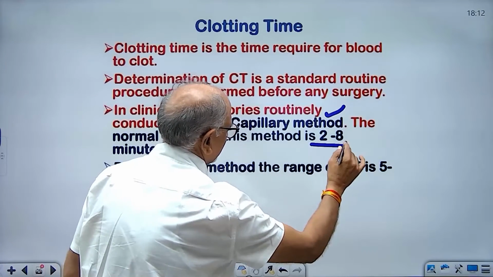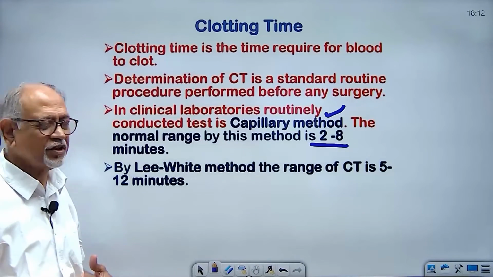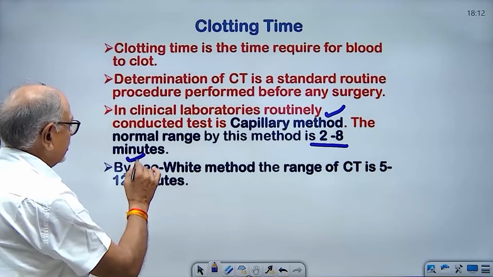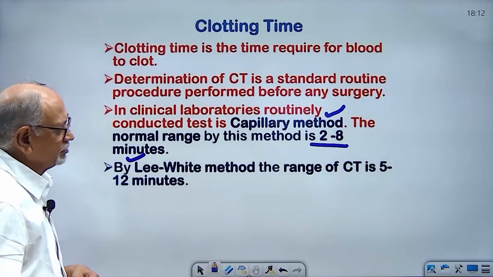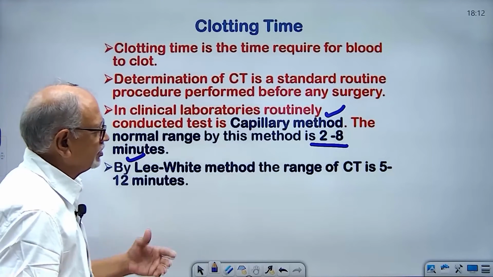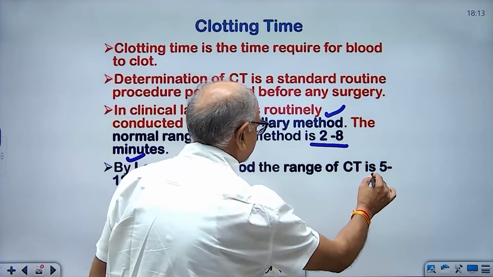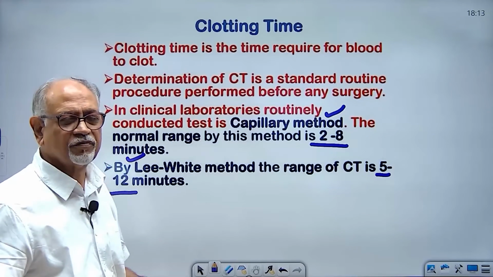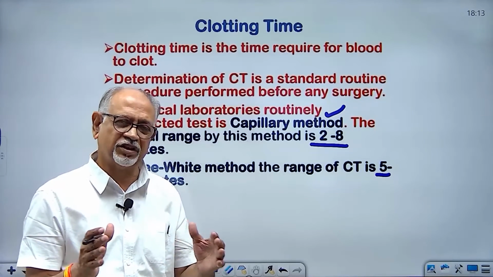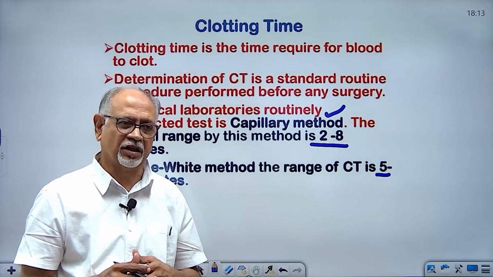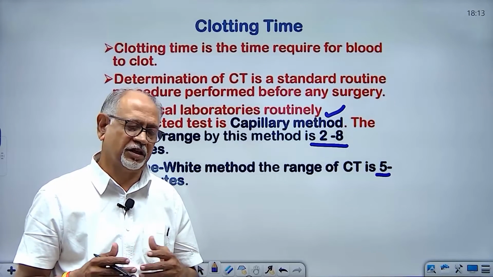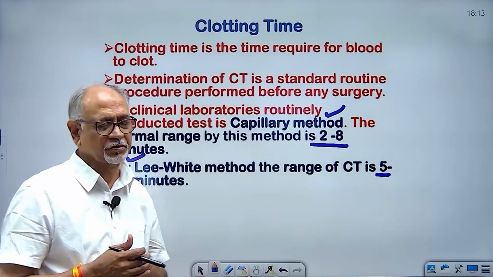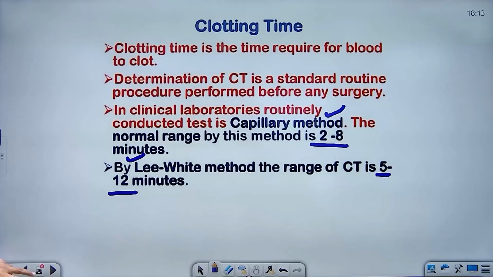That is, it takes about 2 to 8 minutes for formation of a clot. There is another method, that is the Lee-White method. The range by this method is 5 to 12 minutes. So, if the clotting does not occur within this period, then it may be dangerous for the patient.